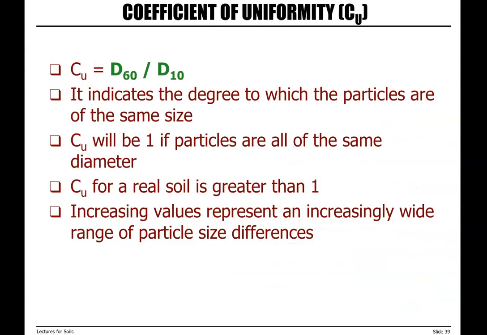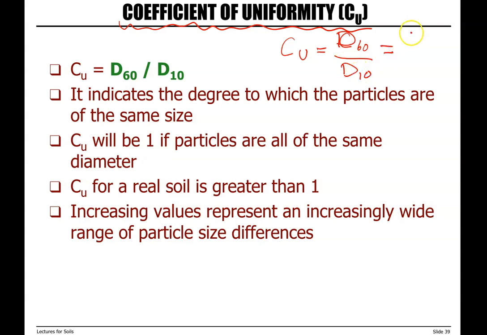So now we can calculate a property of soil which is called coefficient of uniformity. It tells how uniform our sample is. How do we calculate that? Cu, coefficient of uniformity, is D60 divided by D10.